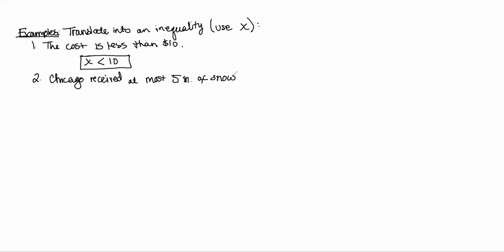So we know that since they received at most 5 inches, that means they could have received exactly 5 or less than 5, but not more than 5 inches. So that means that how much snow they received, x, because we don't know what it is, is less than or equal to 5. And we're going to assume here that x can't represent negative numbers because we can't have negative amounts of snow.